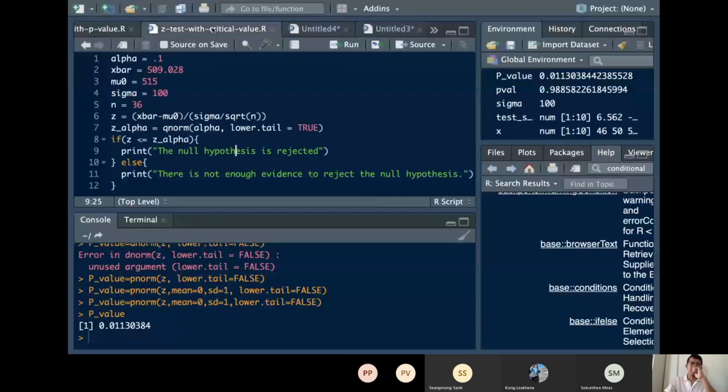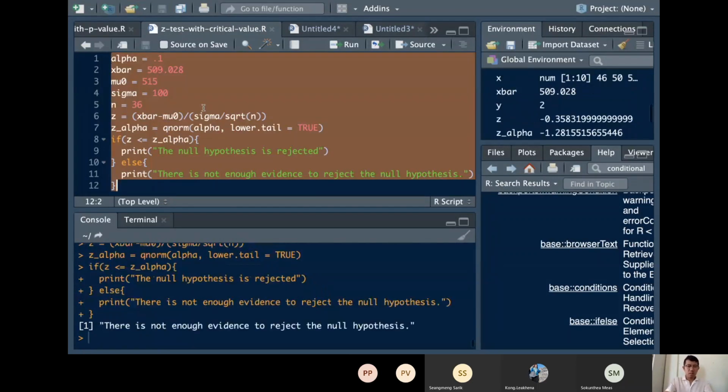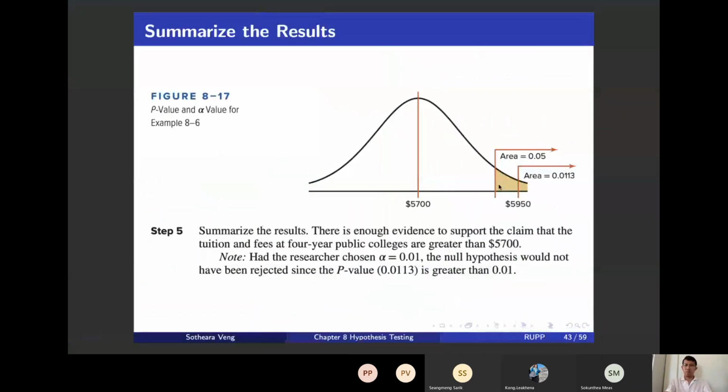I named this file test with critical value. I already sent it to you. So in this case, just run this, Control-All and then run it, and okay, there is not enough evidence to reject the null hypothesis, which is the same as the result here.